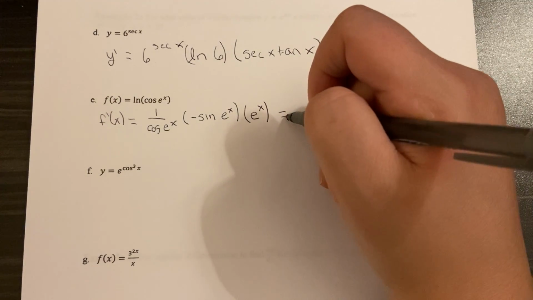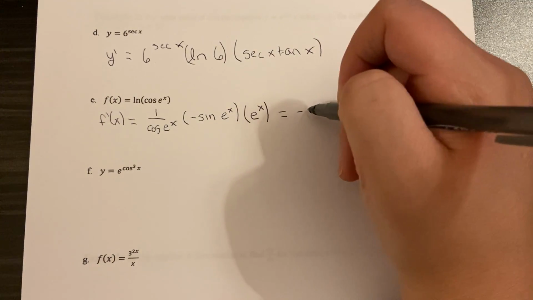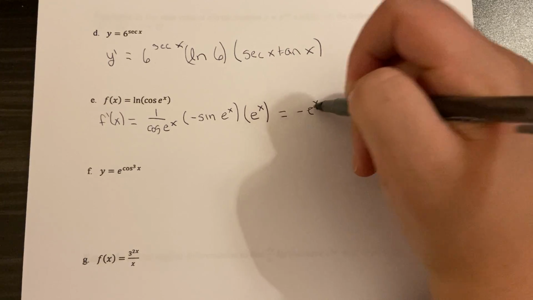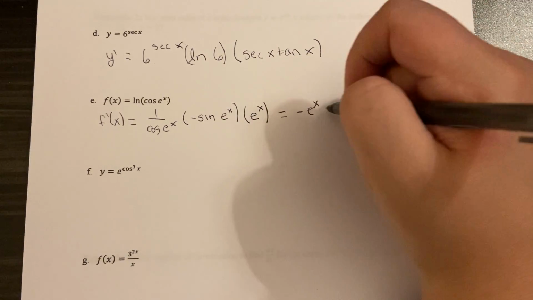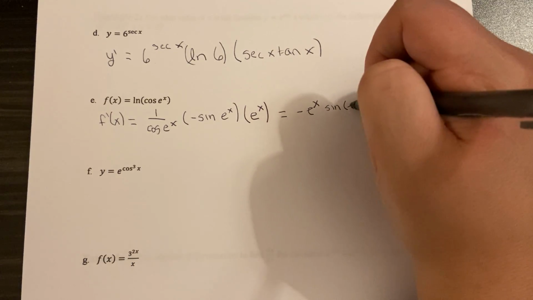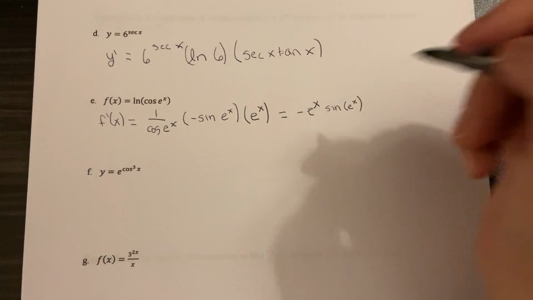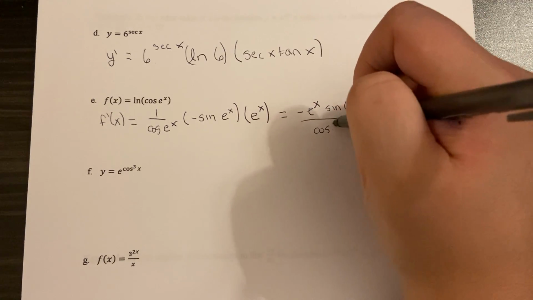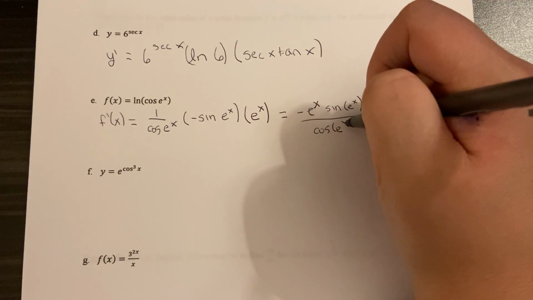So I took a line and just simplified all of this. I wrote negative e to the x sine of e to the x all over cosine of e to the x on the bottom.